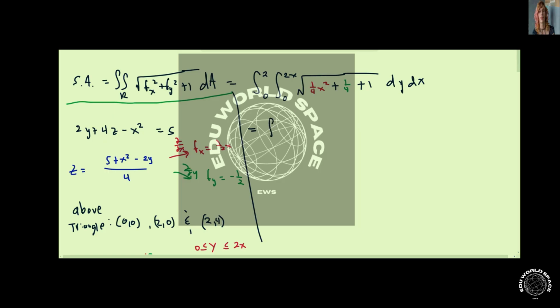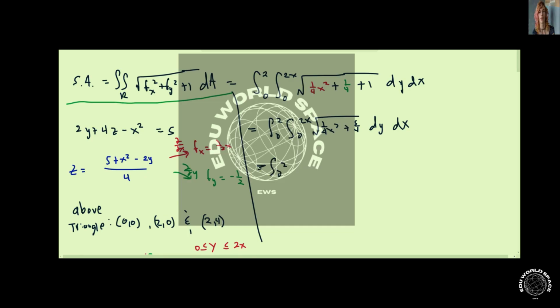Okay, so we have the integral from 0 to 2, integral from 0 to 2x, and if we go ahead and combine those, that should be the square root of 1/4 x squared plus 5/4, dy dx. Now, this first one doesn't actually depend on y at all, so we just go ahead and integrate that, slap a y on it.